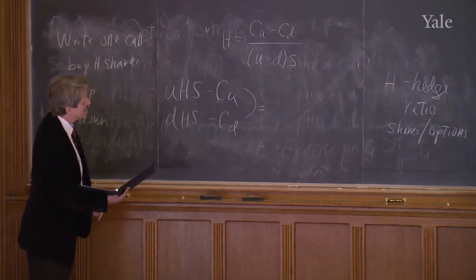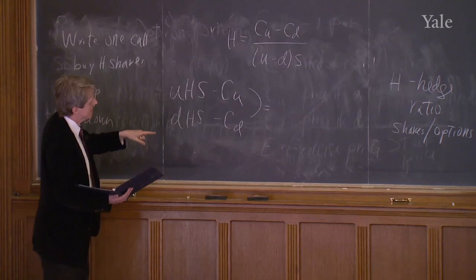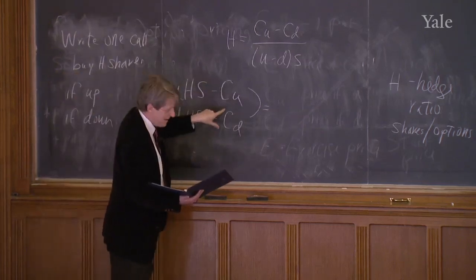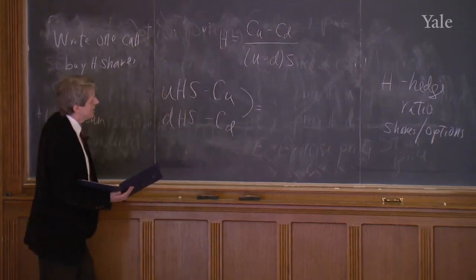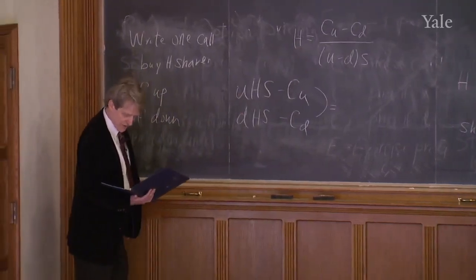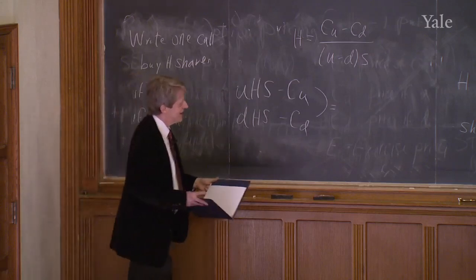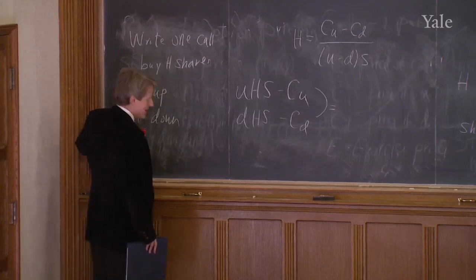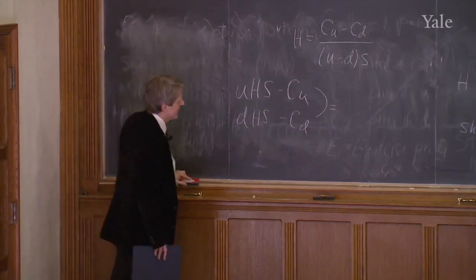So I've been able to put together a portfolio of the stock and the option that has zero risk. If I hold this amount of shares in my portfolio, I've got a riskless portfolio. That means the riskless portfolio has to earn the riskless rate, right? It's the same thing as a riskless rate, so it has to earn that.